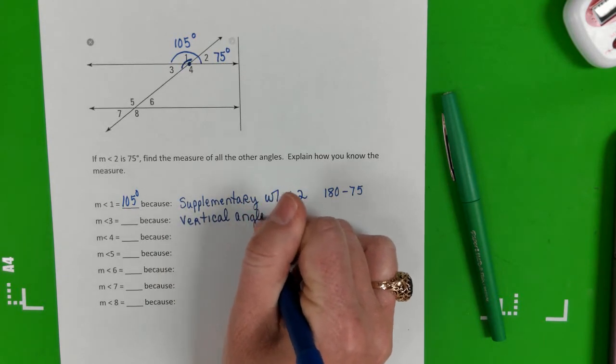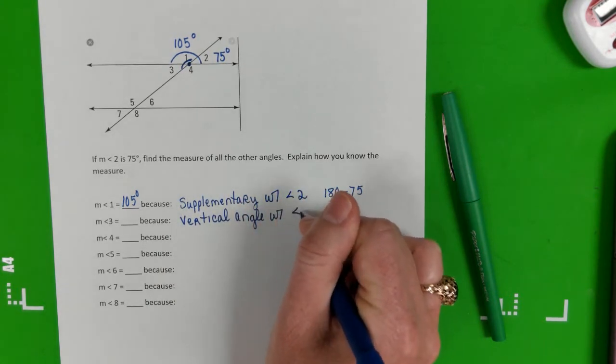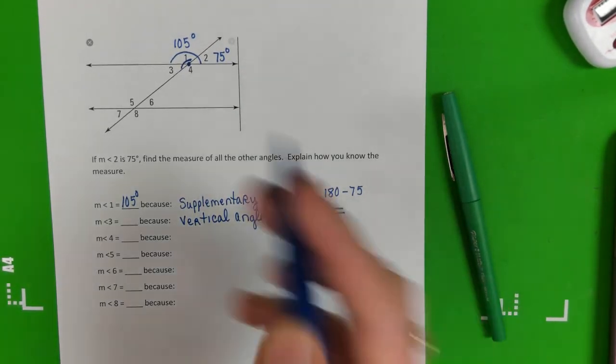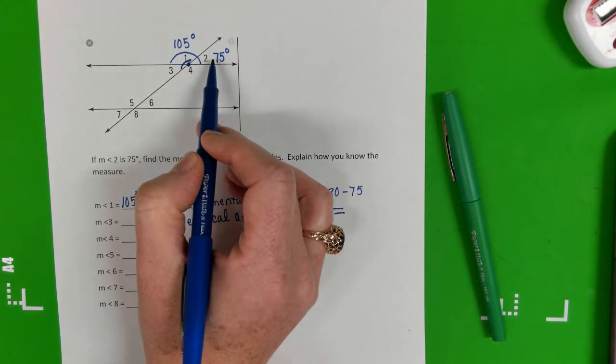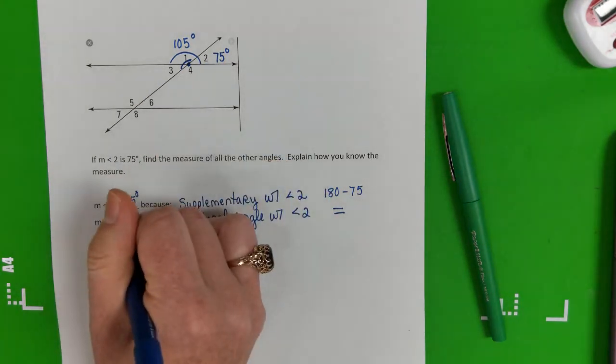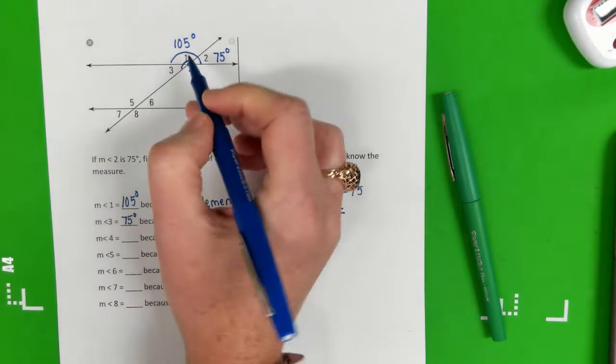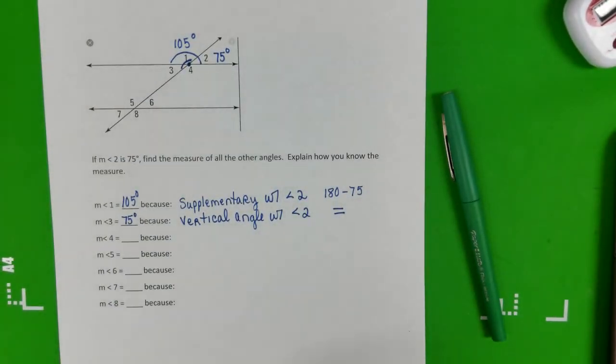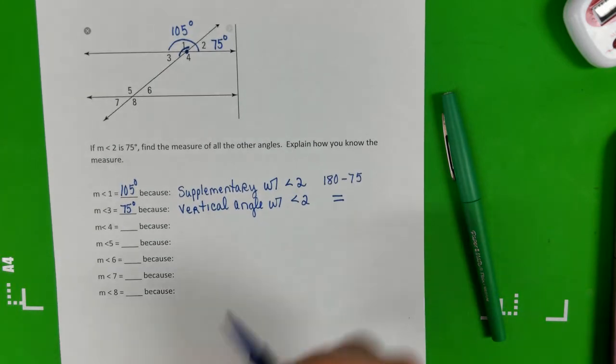It's a vertical angle with angle 2. Well, remember, vertical angles are congruent. They're equal. So if angle 2 is 75 degrees, then angle 3 is 75 degrees. I also could have said 180 minus 105, and it would have given me 75.